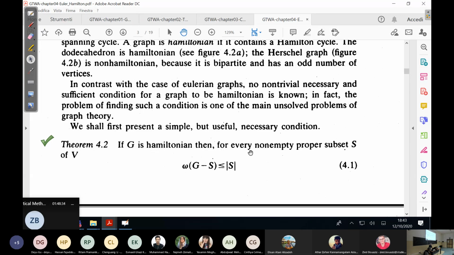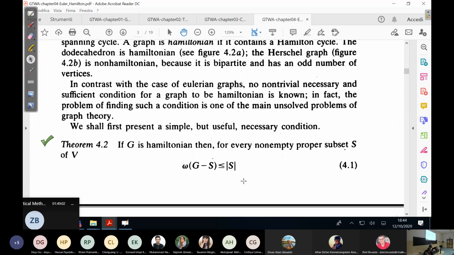It's rather heavy to check, because you should take all proper subsets, count the number of vertices, see what happens if you delete those vertices. If it is Hamiltonian, then you have this inequality. But if you have this inequality, you do not have any guarantee that the graph is Hamiltonian.